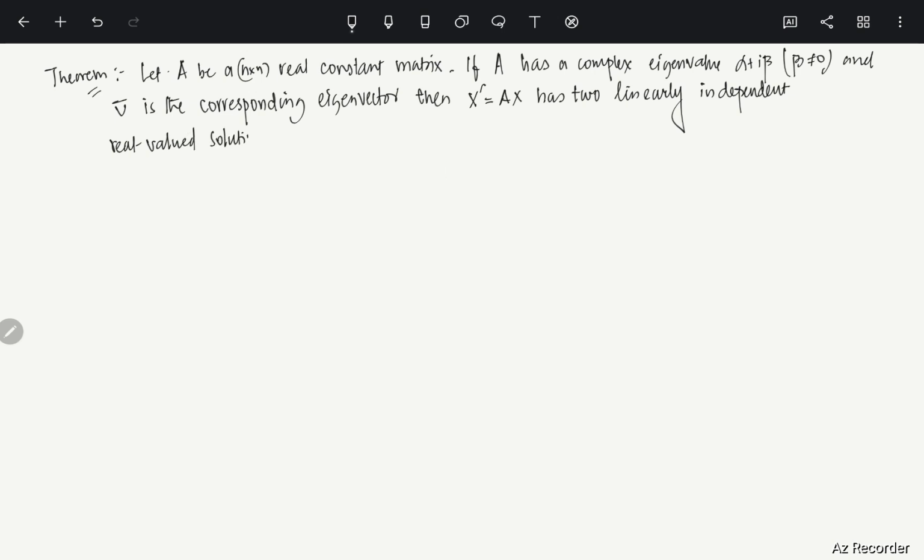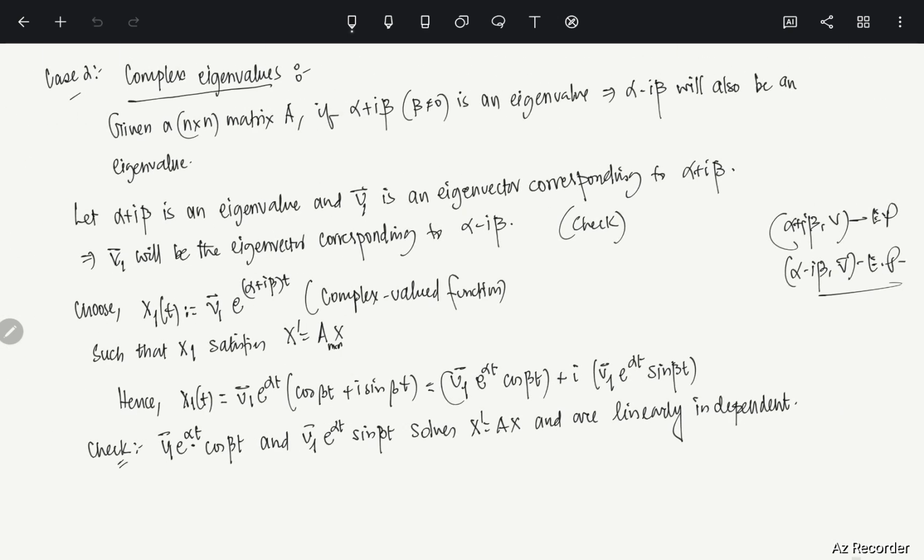And what are they? They are given by, let's just write it, x1 of t, which is v1 e power alpha t cosine beta t, which is nothing but the real part of x1.